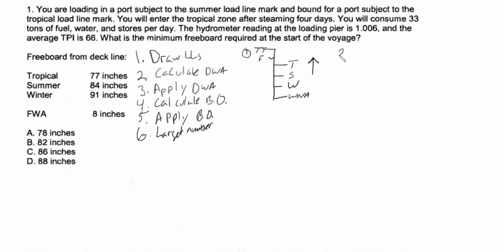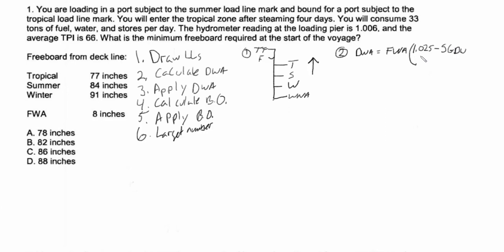So now step 2 is to calculate dock water allowance. Well, the formula for dock water allowance is: dock water allowance equals the freshwater allowance, and that will be given to you in the capacity plan, times 1.025, that's the specific gravity of salt water, minus whatever is your specific gravity of the dock water that you're in, and that is given to you in the problem.